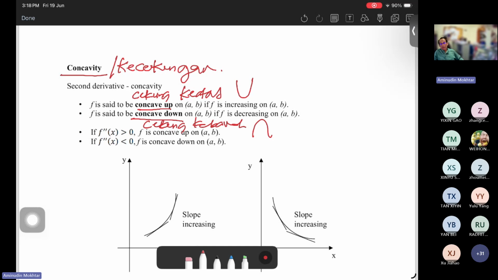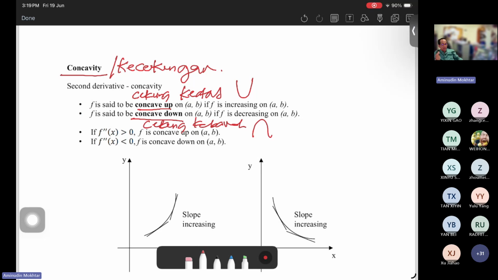So how do we decide whether the graph is concave up or concave down? Macam mana nak tentukan fungsi tersebut cekung ke atas ataupun cekung ke bawah. We can apply the second derivative of the function.